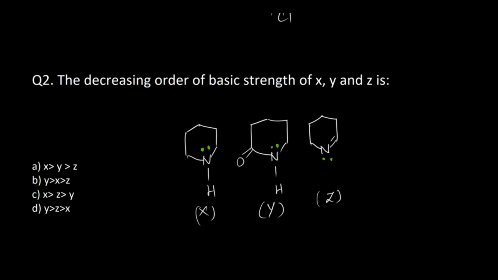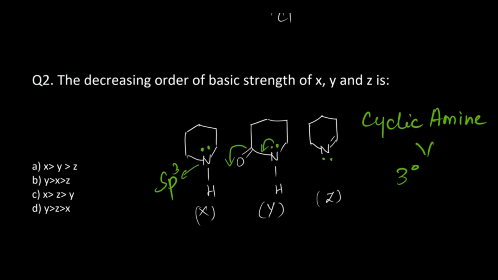So what is the key concept of this question the examiner is asking? That cyclic amines are more basic than the tertiary amines, right? So if you are seeing here, this is undergoing conjugation also. The first one, that is sp3 hybridized, correct?